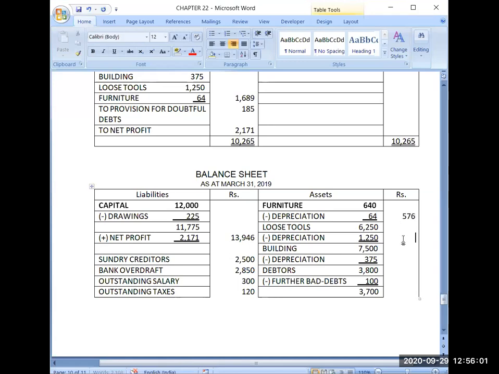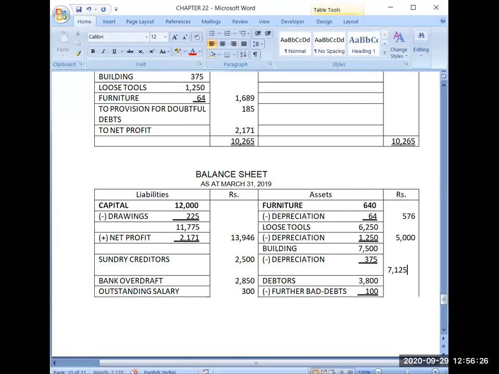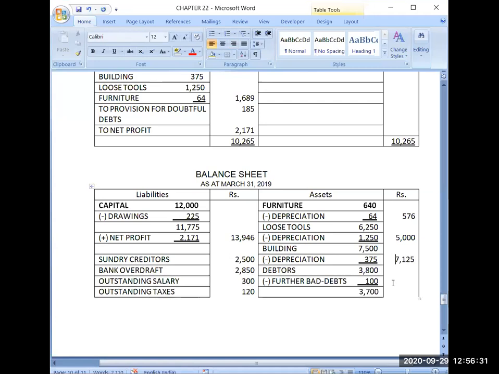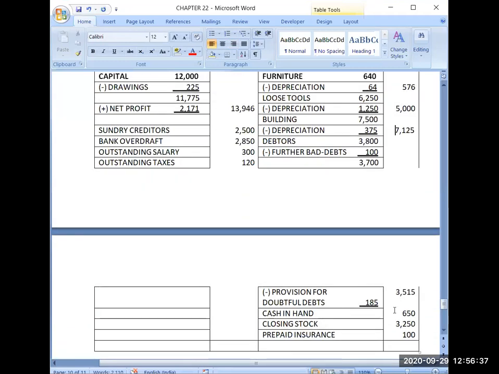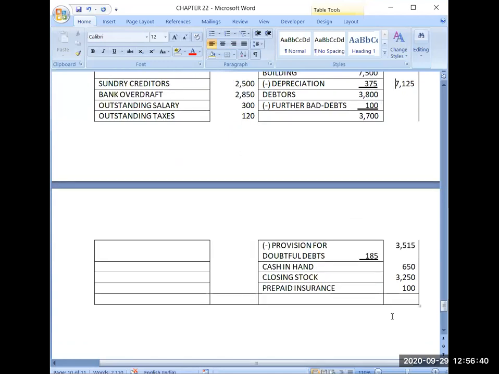Then this will be 5,000. Then 7,500 minus 300, 7,200 and minus 75. 7,175. Sorry, 7,125. 7,200, yes, 7,125. The final amount for it will be 3,700. And this has been already calculated. Now I have all the final amounts.